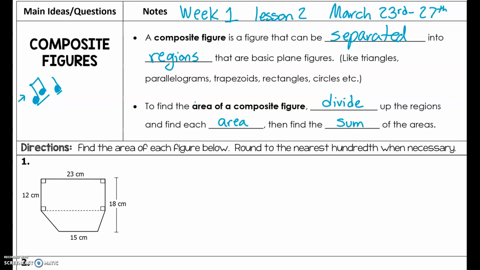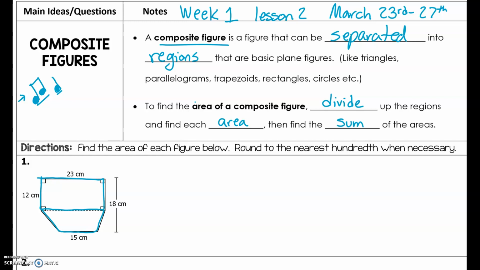And when we're talking about geometry, our composition of different figures is, one of them is a rectangle, and in this case, here's our trapezoid. So what we're going to do first is, a composite figure is a figure that can be separated into regions or shapes that are basic plane figures like triangles, parallelograms, trapezoids, rectangles, circles.